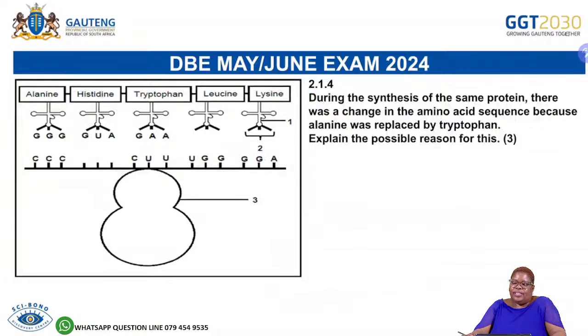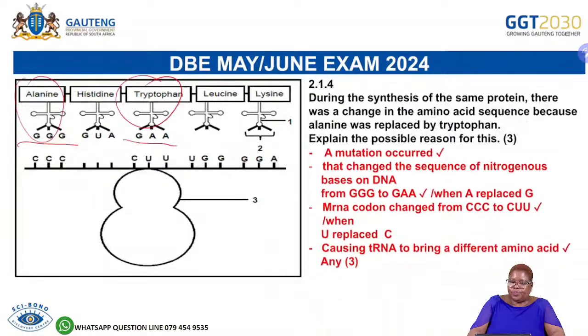On the DNA molecule that coded for histidine, you actually give the anticodon for that, right? During the synthesis of the same protein, there was a change in the amino acid sequence because alanine, where is alanine? The first one was replaced by tryptophan. Where is tryptophan? So this was replaced by this. Okay. Explain the possible reason for this. I'm finishing up.